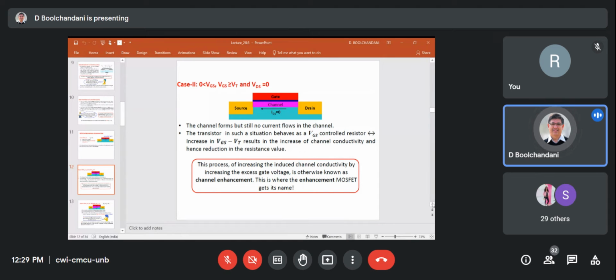And we'll see that as you keep on increasing the gate to source voltage, what is going to happen? More electrons are going to get attracted in the channel region, right? The conductivity of the channel is going to increase and its resistance value is going to reduce. The process of increasing the induced channel conductivity by increasing the gate voltage is known as channel enhancement.